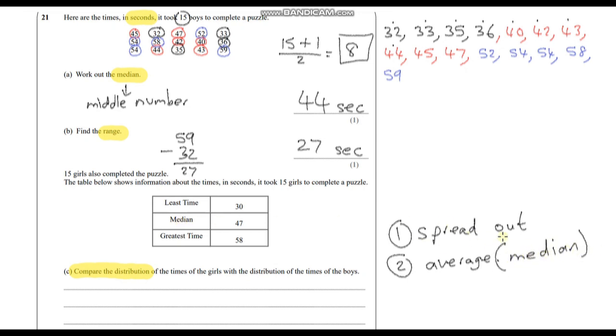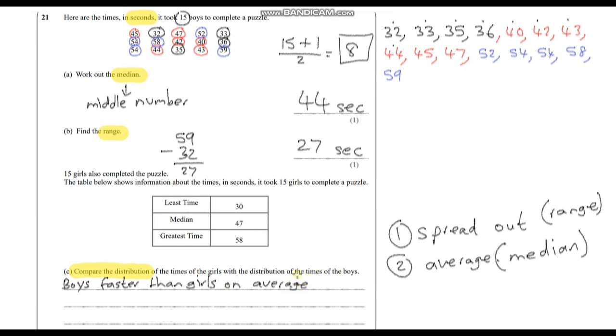So we're going to have to use the median. We're going to compare the spread of the data, how spread out the data is, and for that we would use the range. And we're also going to compare the averages, and for that we're going to use the median. In terms of the average, I can see that the boys were quicker than the girls. So let's write that down. Boys faster than girls on average.